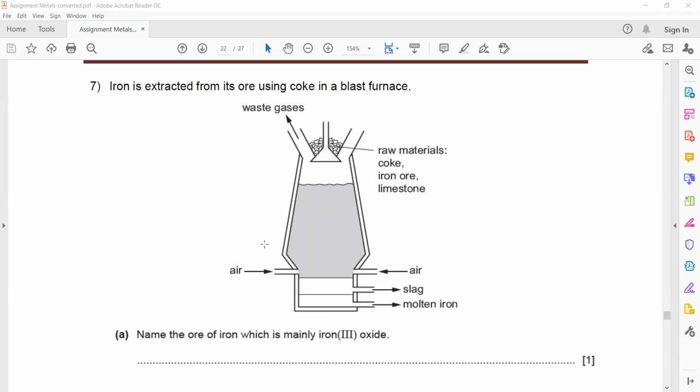It's hematite. Both spellings, haematite and hematite, are correct, because some books mention one and some books mention the other.